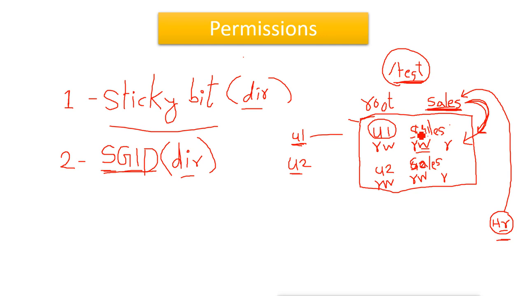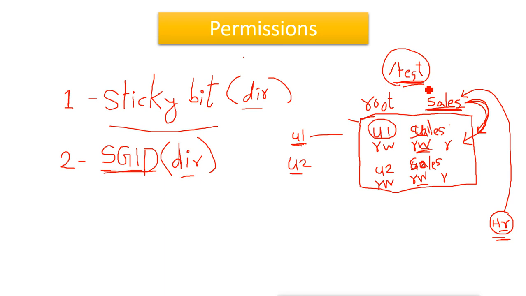Now by this, what happens when we set the GID on the directory? This group will inherit it to all the files inside it. Because this user is a member of this group, it will get read write permission on all the files, and only on this directory, not on any other directory.